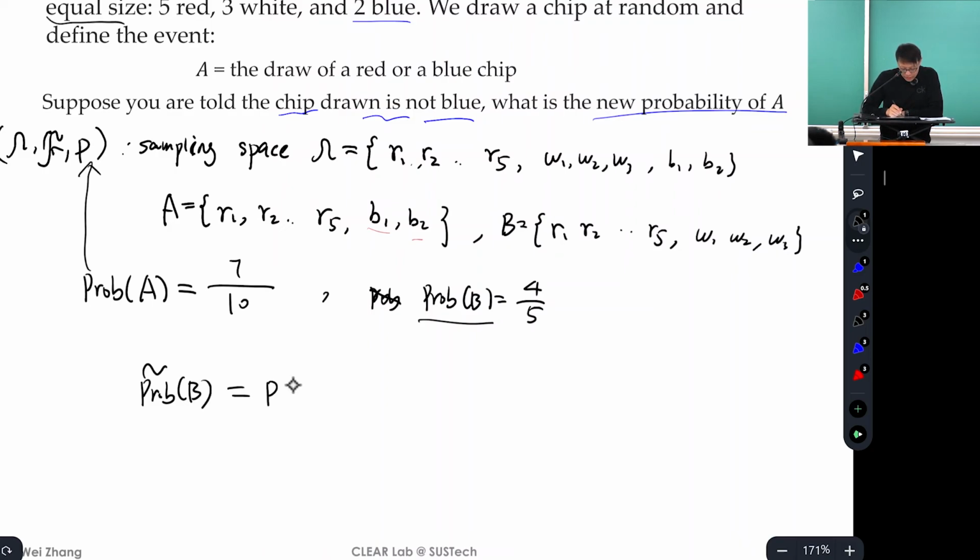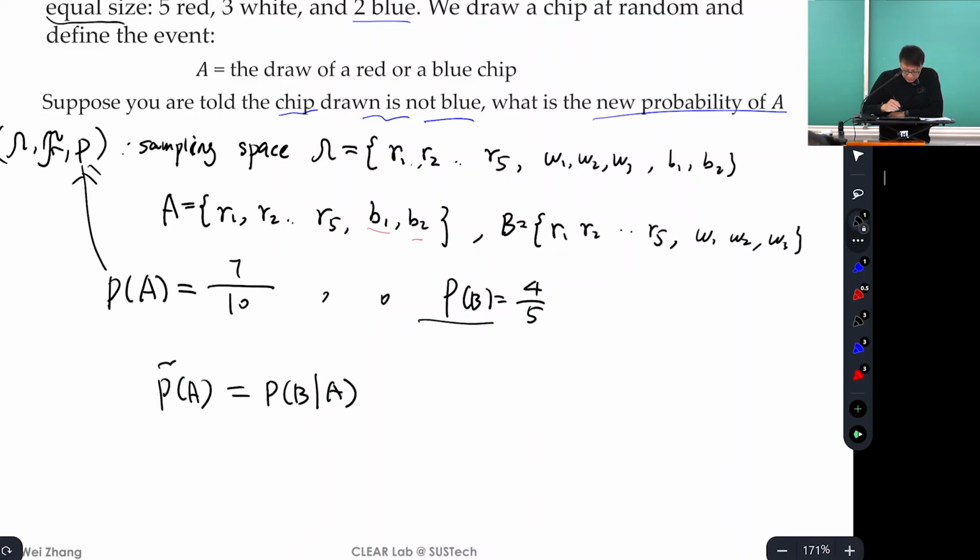Typically we'll write it like the probability of A given B. Let me be more formal. This is my P, and this is a P tilde, which is the new probability measure after you see B occurred.